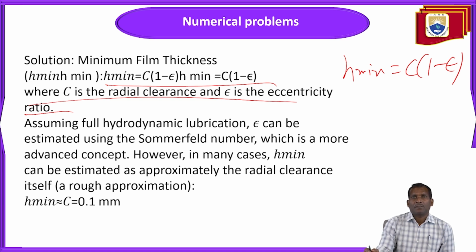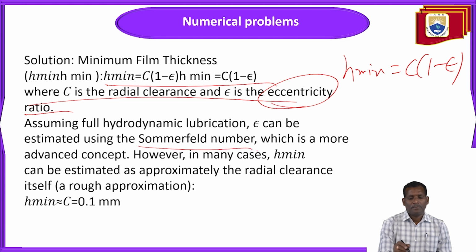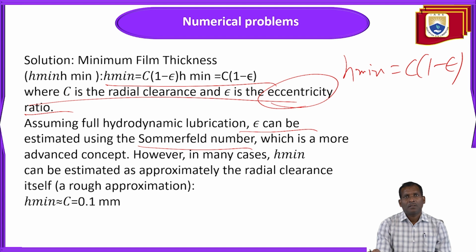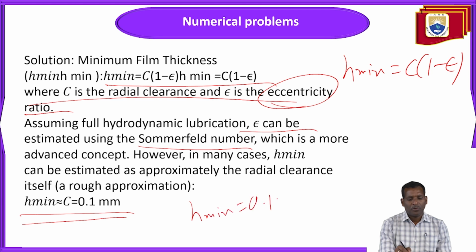Assuming full hydrodynamic lubrication, epsilon can be estimated using the Sommerfeld number, which is a more advanced concept. However, in many cases, the minimum oil film thickness can be estimated as approximately the radial clearance itself, a rough approximation. That is, H minimum is equal to 0.1 mm.